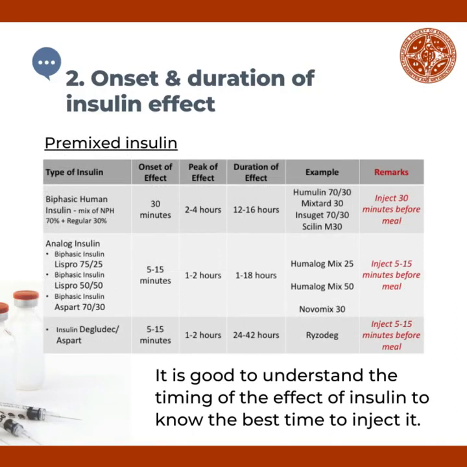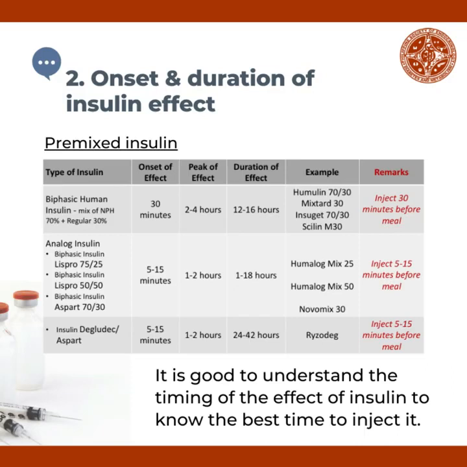These are the pre-mixed insulins: the biphasic human insulin, biphasic insulin analogs, and insulin Degludec with Aspart. The biphasic human insulins contain a mixture of 70% Isophane insulin and 30% regular insulin.